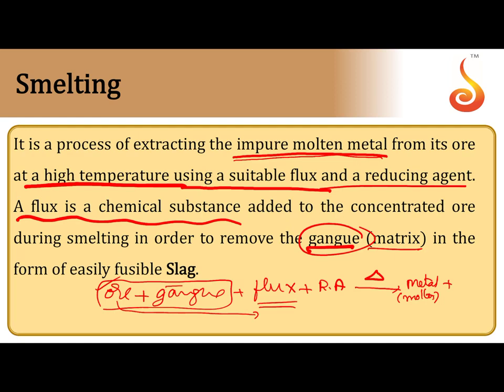At the same time, the infusible gangue, by reacting with flux, is converted into an easily fusible mass. Both are separated by the difference in specific gravity. Molten metal and fusible mass are separated. The entire process is called smelting.